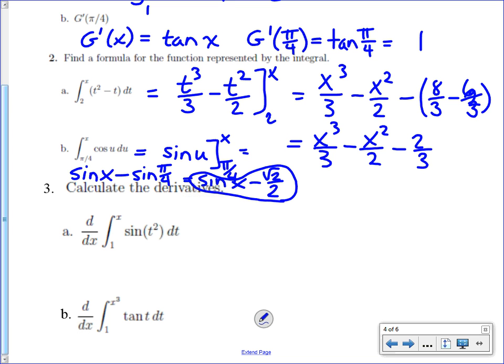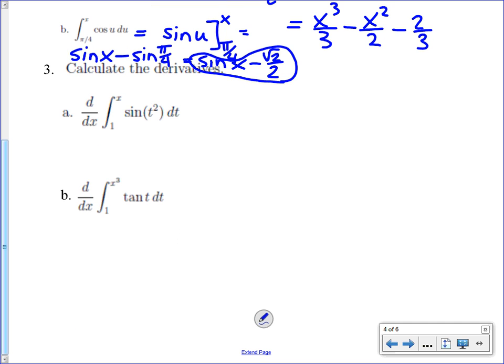Okay, now in number 3, what I'm showing you here, this is where you're finding the derivative of the antiderivative. So these are super duper easy. All you're doing is replacing t with x. Okay? Now in example B, we are going to start by replacing t with x cubed, but this is technically chain rule.